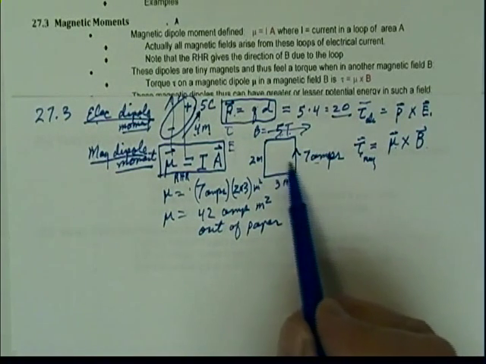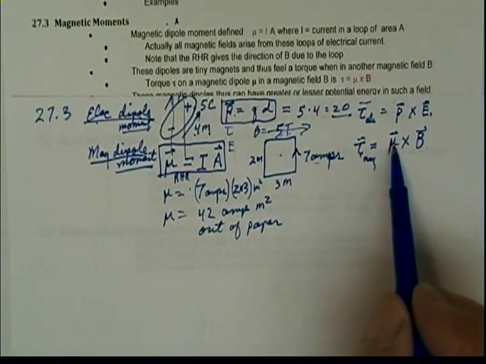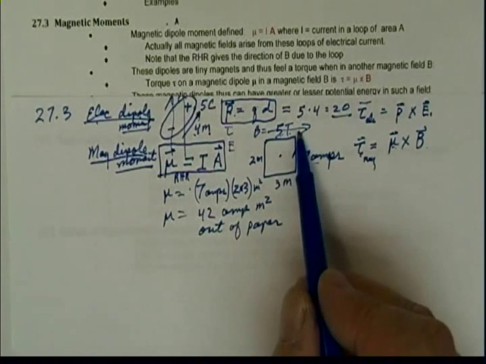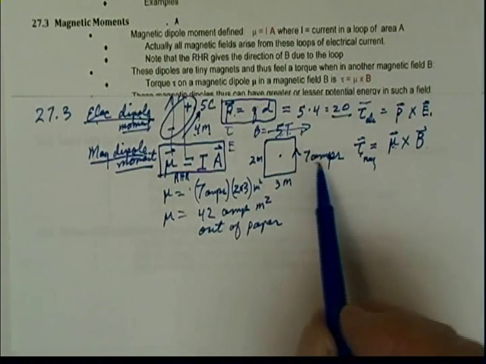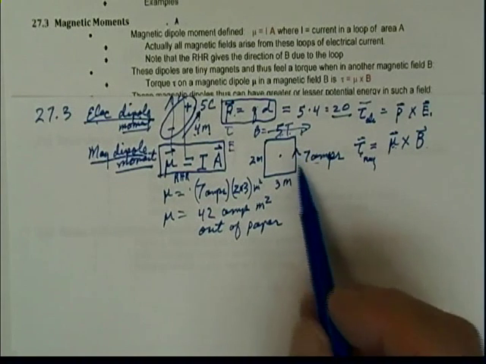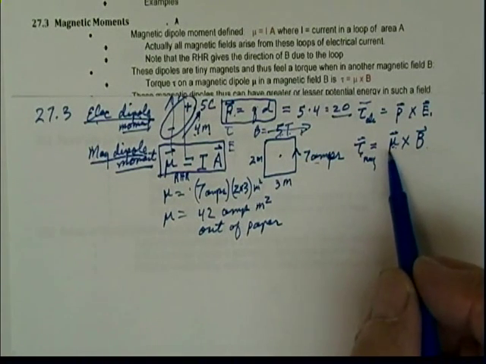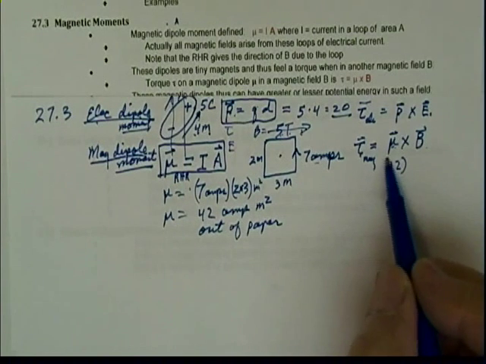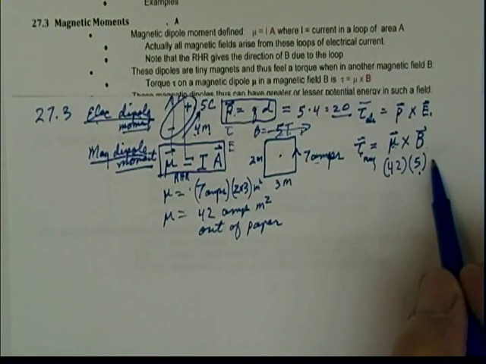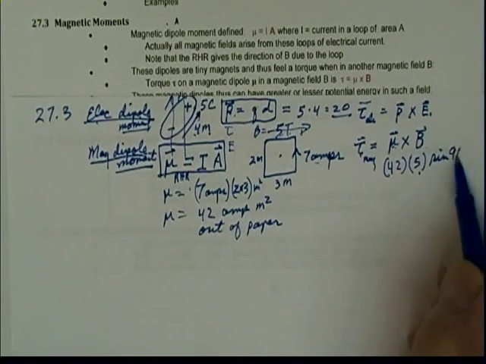Since the mu comes up out of the paper, the cross product of it with this one, which is 90 degrees away, is a 90-degree angle, and the sine of 90 degrees is 1. So we would get our mu, which is 42 that we just computed, times our B, which is 5. And that would give us our torque, times the sine of 90 degrees, which is 1. And so we don't have to worry about the sign there.